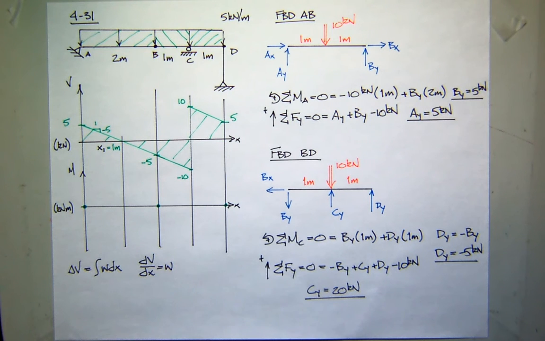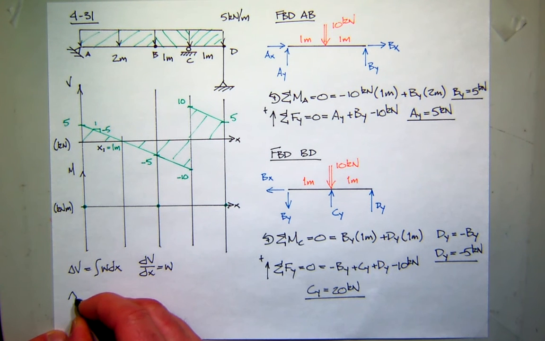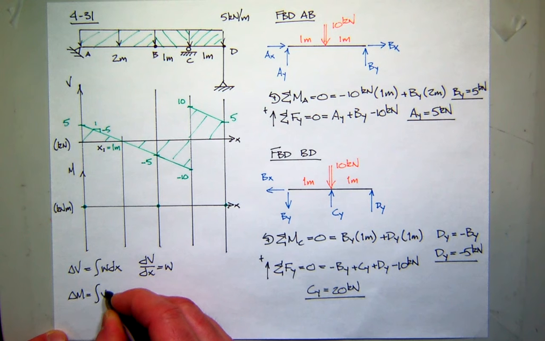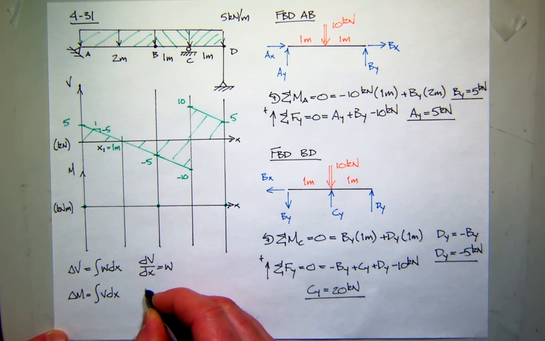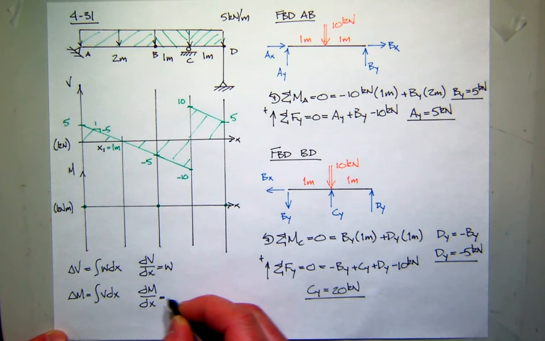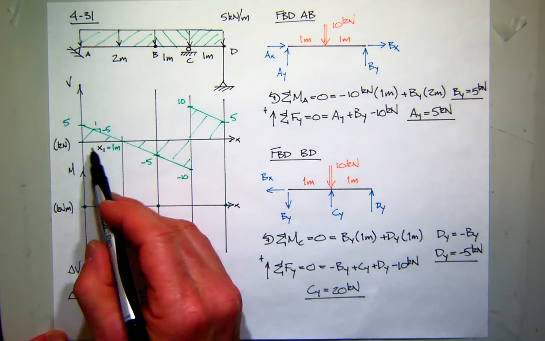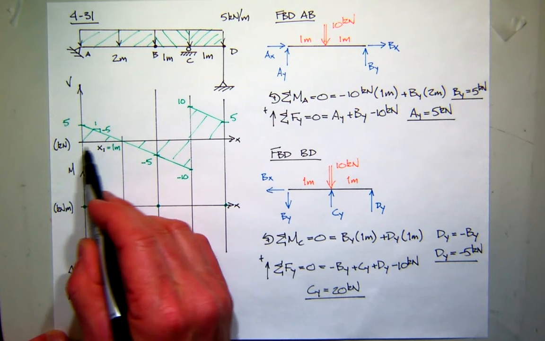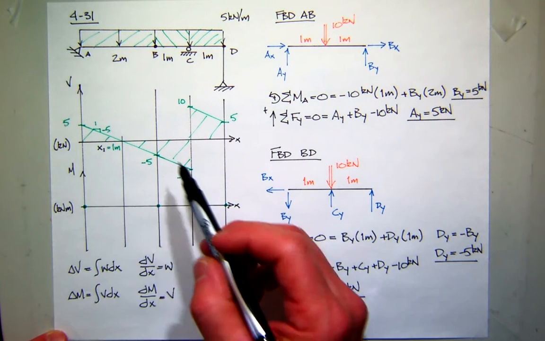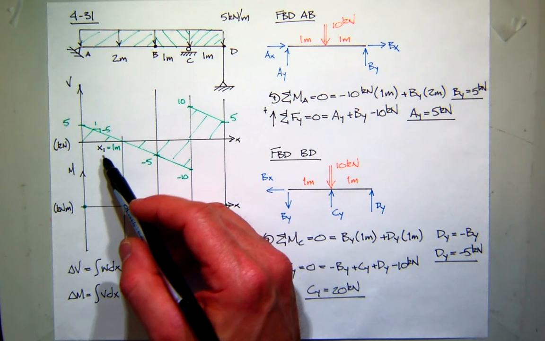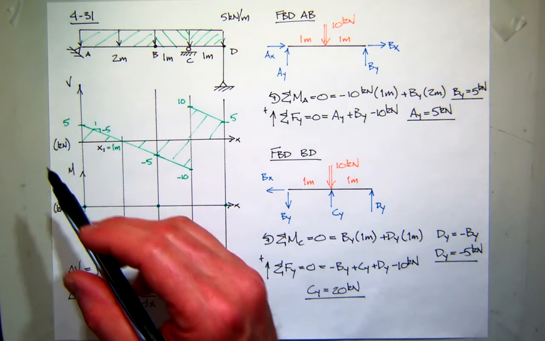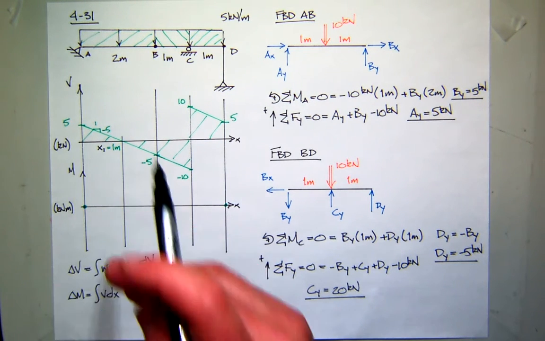So we know that the change in moment is equal to the area under the shear diagram, and that the slope of the moment diagram is equal to the shear. What's the area of this part of the shear diagram? It's a triangle, so it's 1/2 base times height. I think that's 2.5, right?